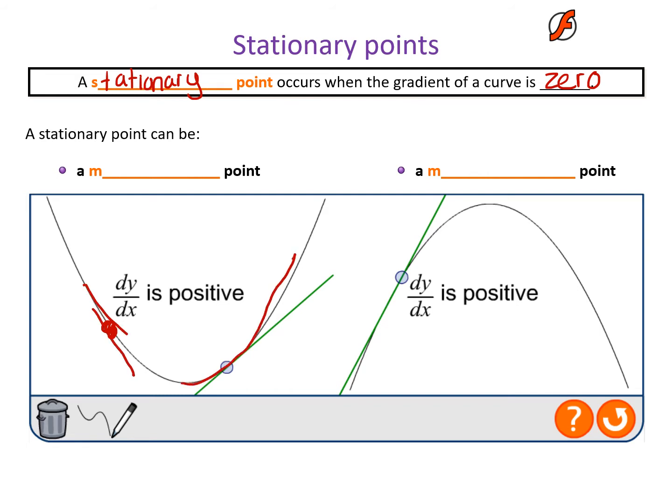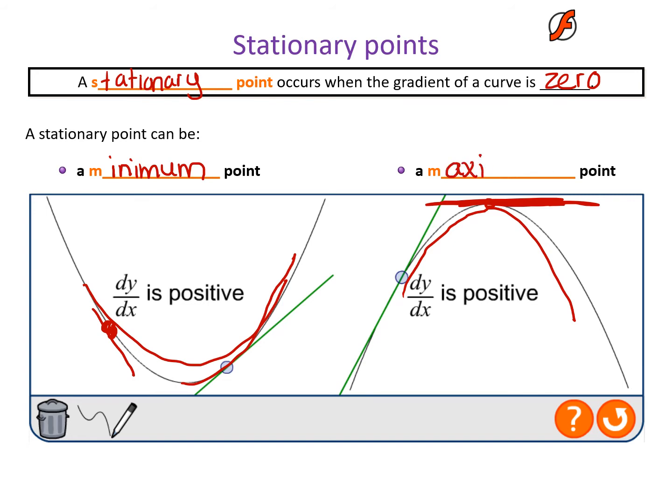So if it goes from negative to positive, that is a minimum. And if your gradient goes from positive to negative, stops for a second at the top there, where the gradient is 0, that's a maximum.